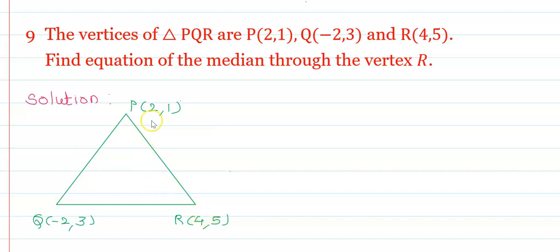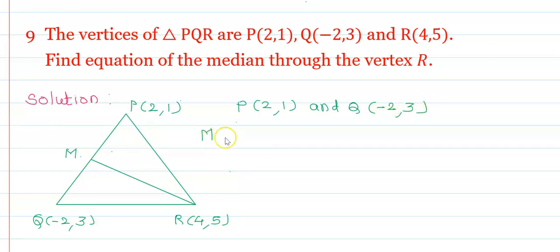We want to find the equation of the median through the vertex R. This is the median. It is denoted by M. Therefore here the coordinates of P are (2, 1) and Q are (-2, 3).